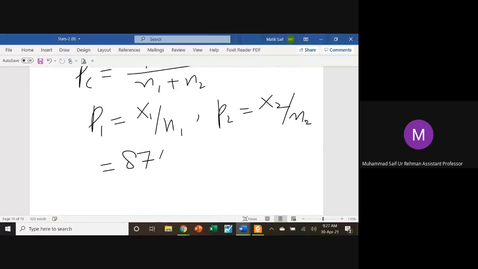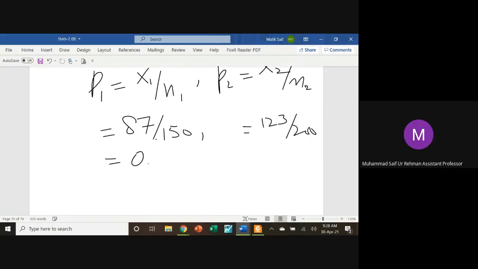87 divided by 150. So please use your calculator. And x2 was 123 divided by 200. 0.53, this is P1.